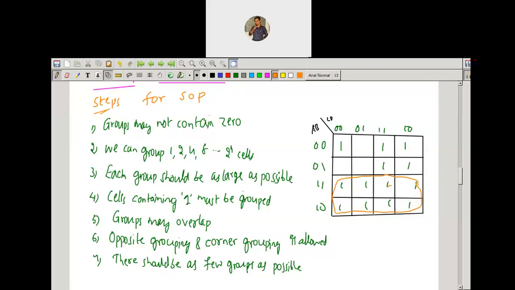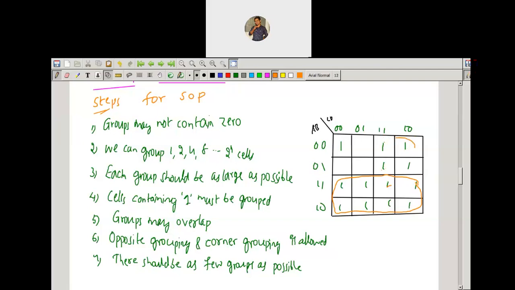If we go to the fifth point, groups may overlap. It means if you take the third row and fourth row grouped as eight cells, and then take the third column and fourth column, you have four min terms which are not grouped yet.